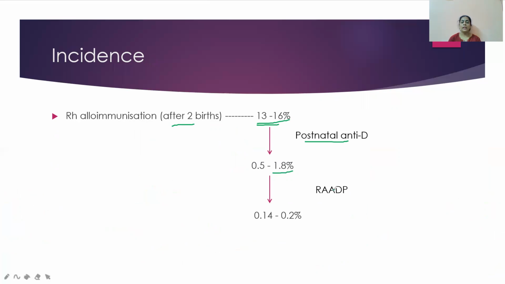And if we give anti-D at 28 weeks, that is called routine antenatal anti-D prophylaxis, meaning we give antibody to the D antigen. If we give it at 28 weeks combined with postnatal anti-D, the risk is reduced further to 0.2%. See, from 16%, the risk has come to 0.2% with postnatal anti-D and anti-D at 28 weeks.